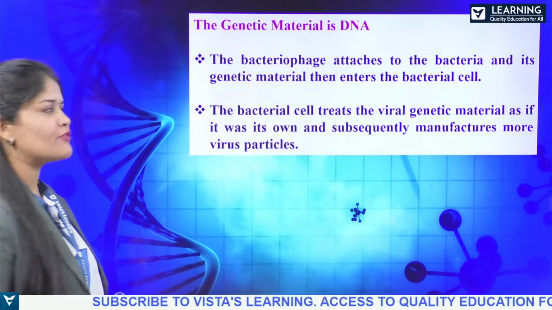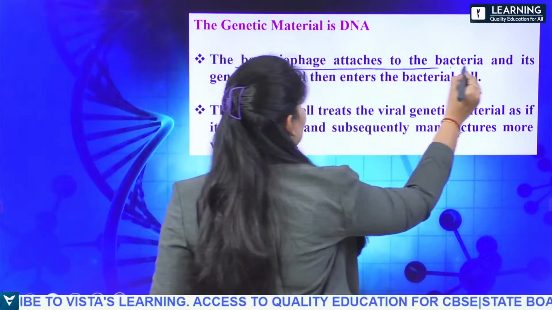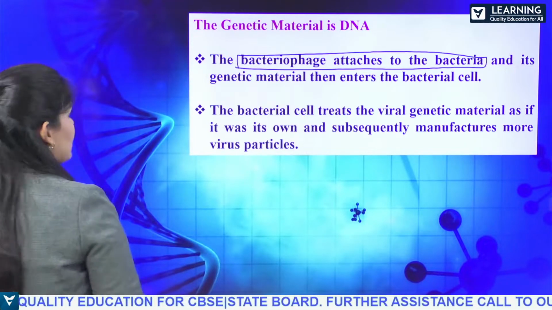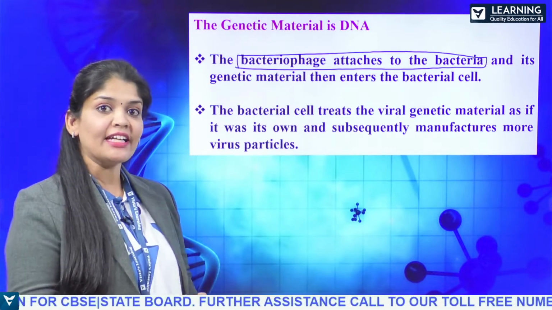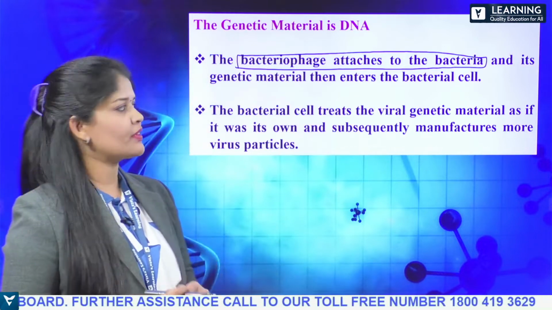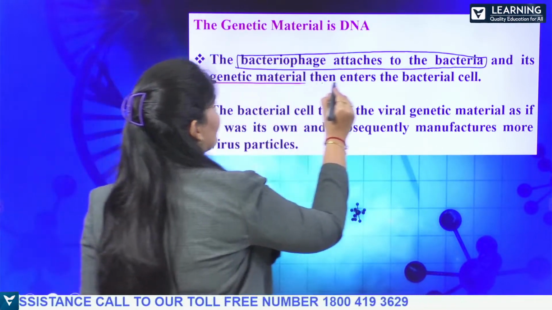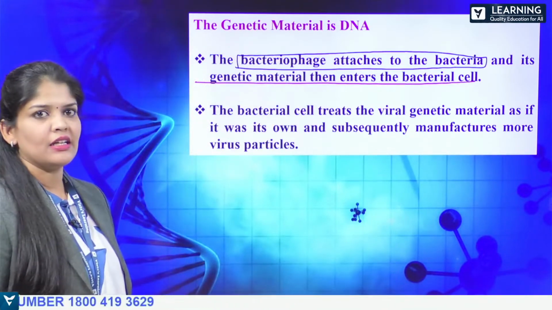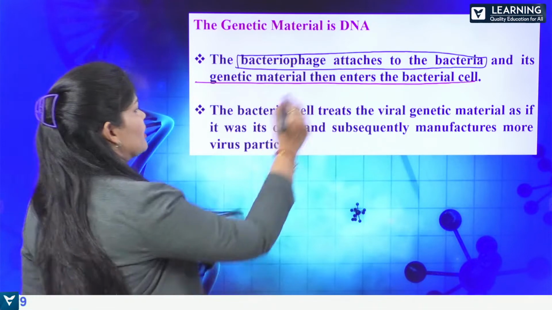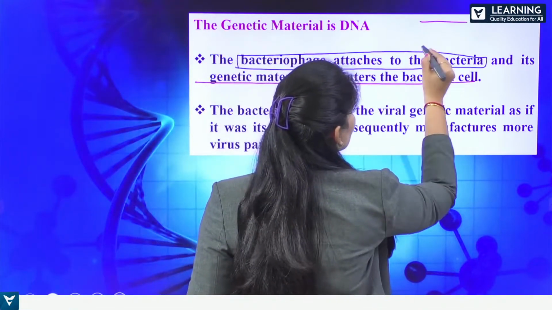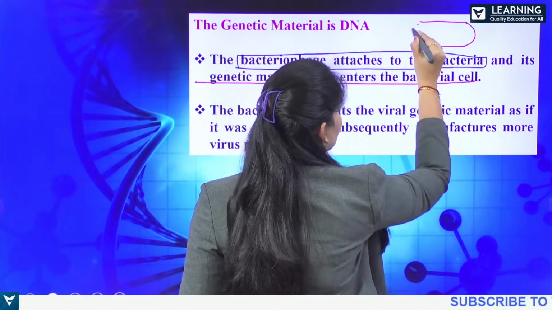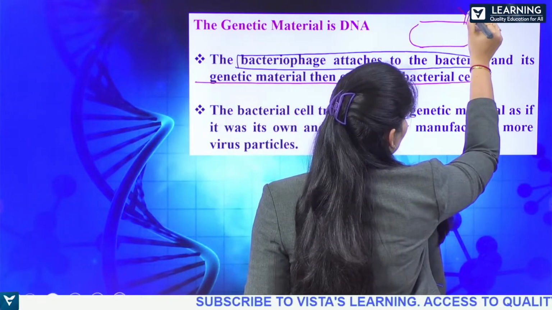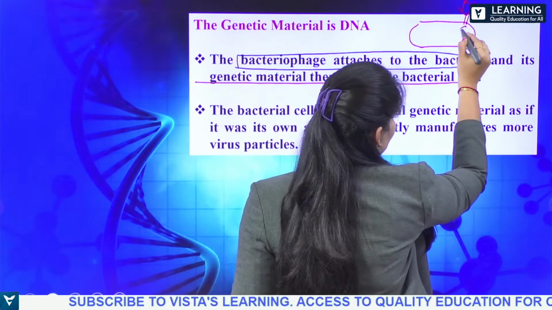So the bacteriophage first attaches to the bacterium, and then it will inject its genetic material inside the bacterium, and its genetic material then enters the bacterial cell. The bacterial cell treats that genetic material as its own. See, for example, this is the bacterium which has been infected with your bacteriophage.